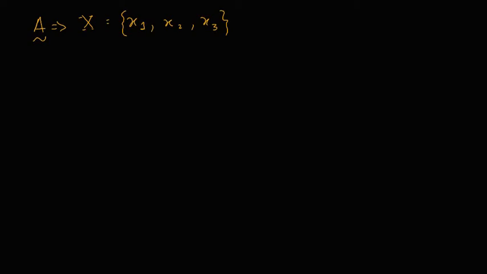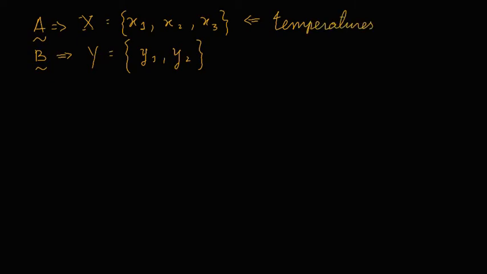Another fuzzy set is B tilde, defined on a universe of discourse having two elements, y1 and y2. Suppose this represents discrete temperatures, and this is going to represent pressures.